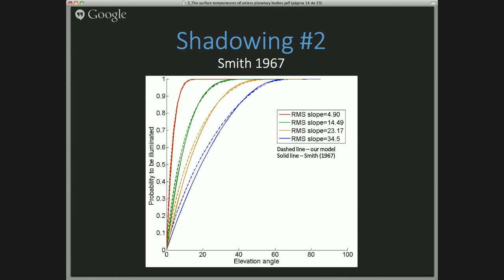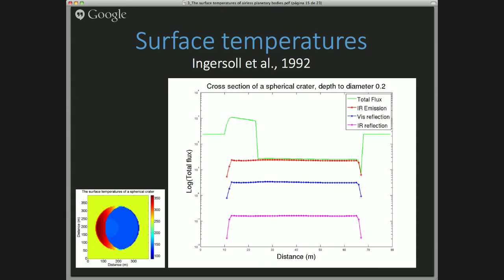And talking about the Ingersoll solution, if this is a spherical crater, he predicts energy will be distributed evenly along the crater's walls, and that gives the shadowed part of the crater a uniform temperature. It doesn't matter where the spherical crater actually is.